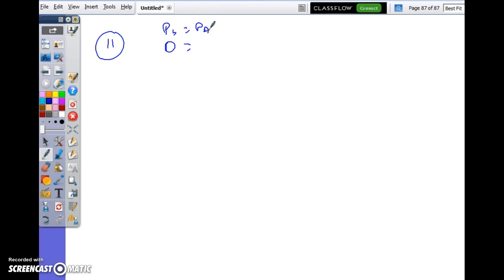Momentum after is 1.5 times negative 0.27, to stay consistent, plus 4.5 times V, and I don't know what its velocity is, so I'm solving for that. Fair enough?